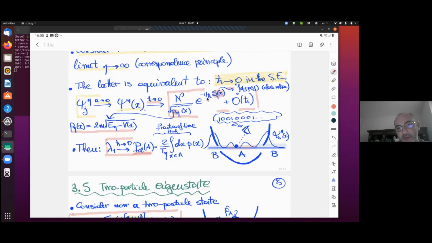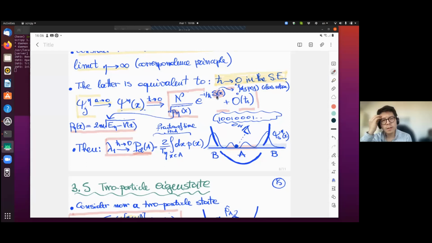This is the WKB wave function. The definition of the classical limit is given in terms of the ratio between the action and h bar. S should be much larger than h bar in order for the particle to be classical.